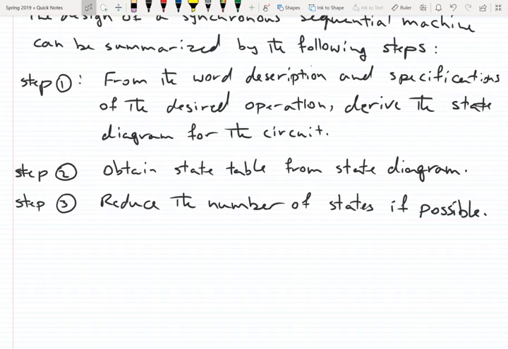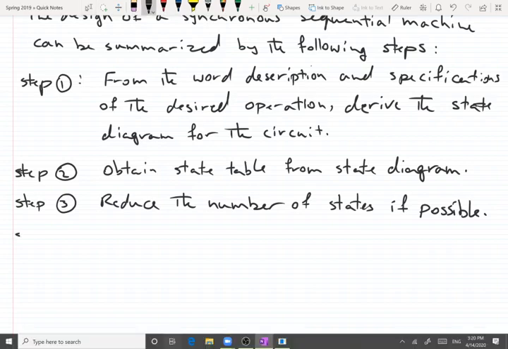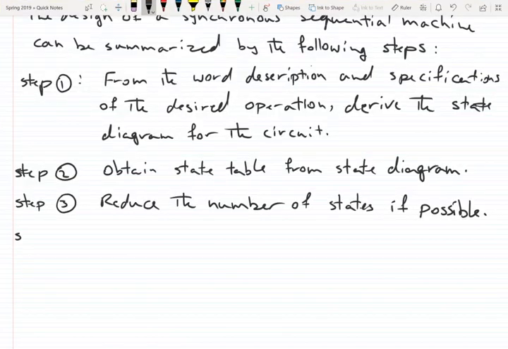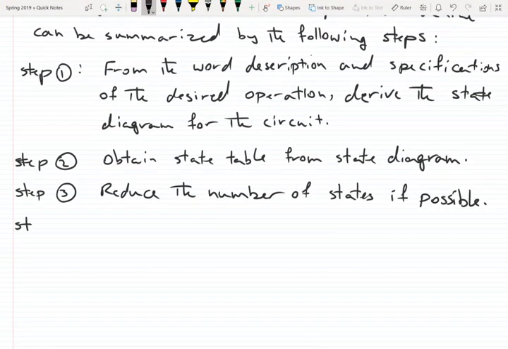Step 4: assign binary values to the states, the same state assignment that we discussed at the beginning of the class.